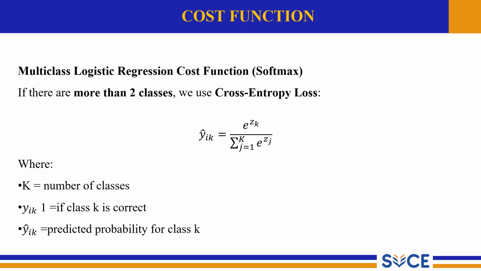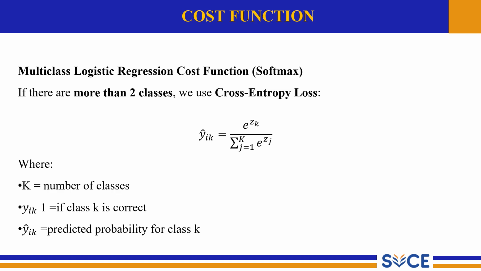When a problem has more than two classes, we use softmax activation in the output layer and cross entropy loss to measure prediction error. Softmax converts raw scores into probabilities for each class: y cap ik equals e to the power of zk divided by the summation of j equals 1 to K of e to the power of zj.